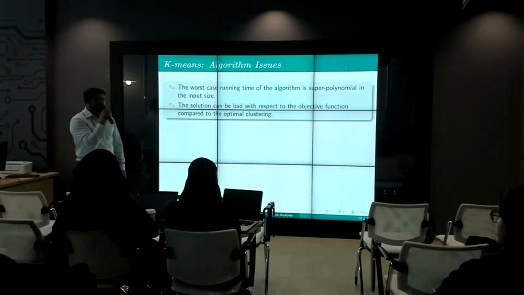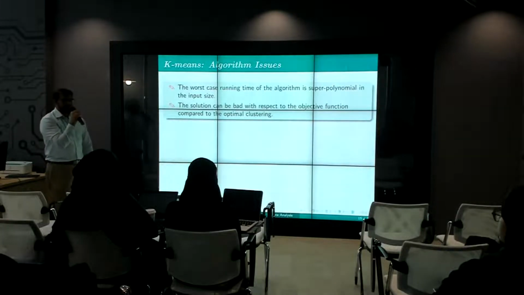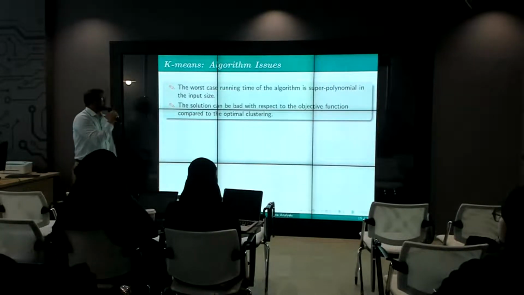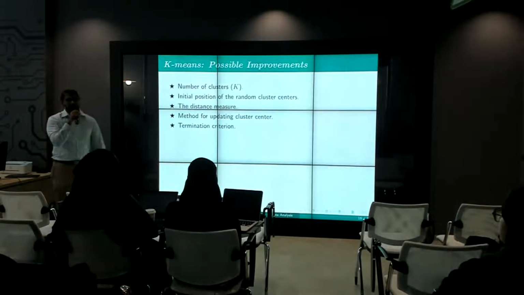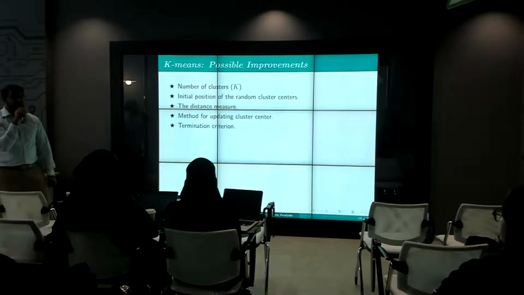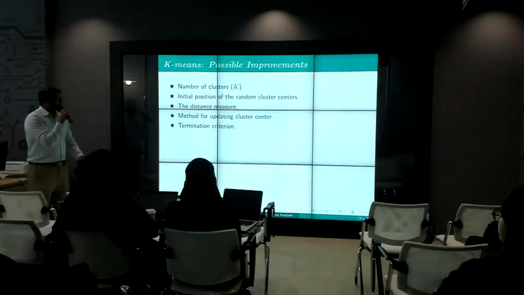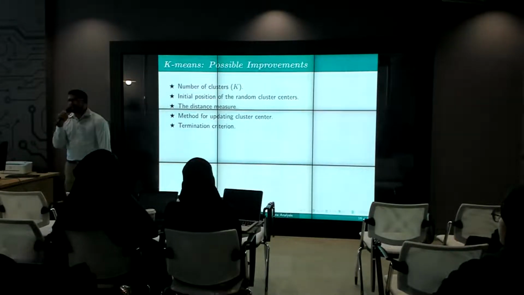We'll see this by an example when we start to work. So these are the two main issues for the algorithm itself. And these are the things that I highlighted in red color. I just summarized it here. So if you are interested to use k-means or do some research in k-means, probably these are the areas that you should try to think of improving.